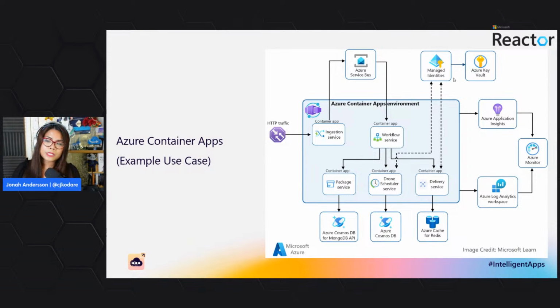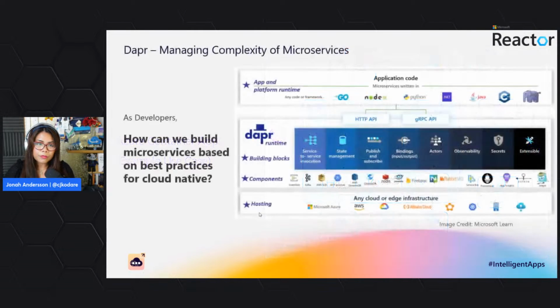Secrets are stored on Azure Key Vault through that. And then monitoring with Azure Monitor, and you can do your analytics through Azure Log Analytics Workspace. And in between, there's this pub sub communication using the Azure Service Bus to handle the events.